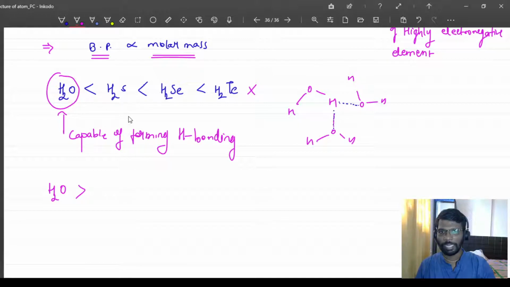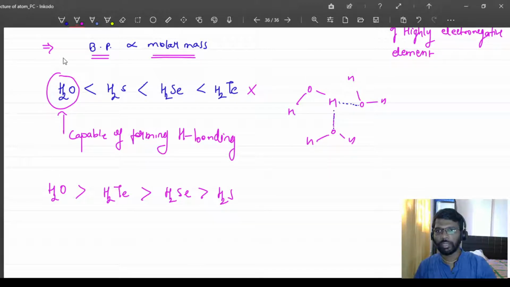Then, second will be tellurium. Actually, tellurium should be the highest, right? Then it will be H2Te, this hydride, then H2Se and H2S.